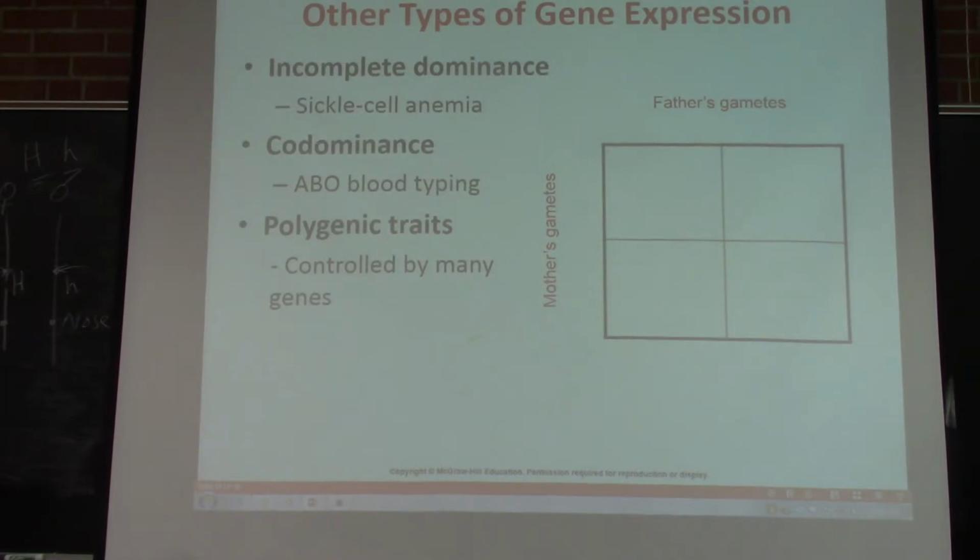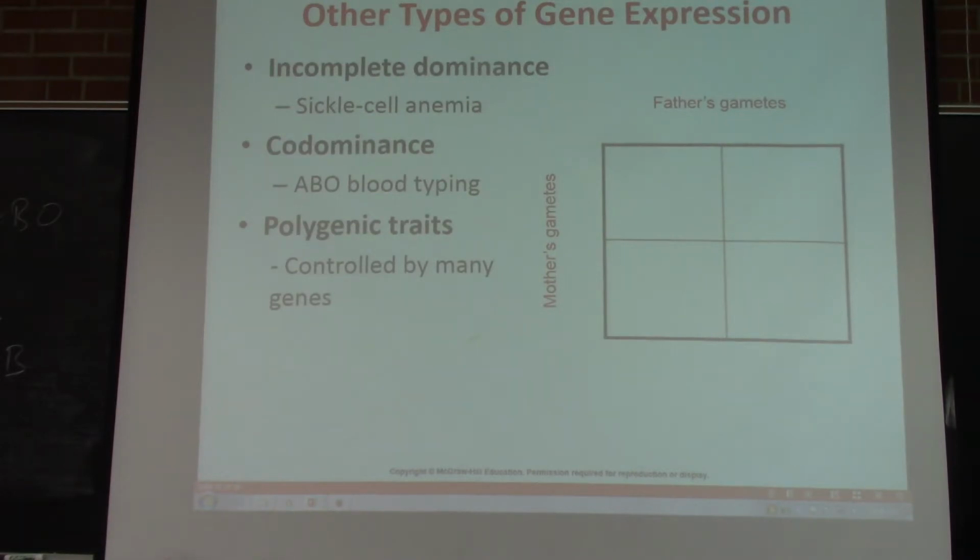Then there are conditions which are not dominant or recessive. Some alleles are not dominant or recessive, and one of those is this condition here, codominance. In ABO blood typing, either you are A type, B type, AB type, or O type. So that means there are more than 2 conditions.